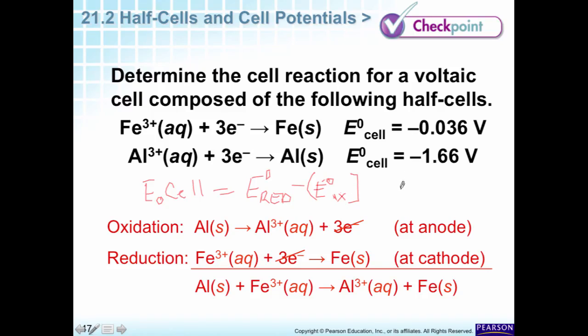So all we do is we said that E red is minus 1.66 minus a minus 0.036. Well, that's going to be a problem, because that's still going to be minus. So you're going to get a negative value. It's not spontaneous.